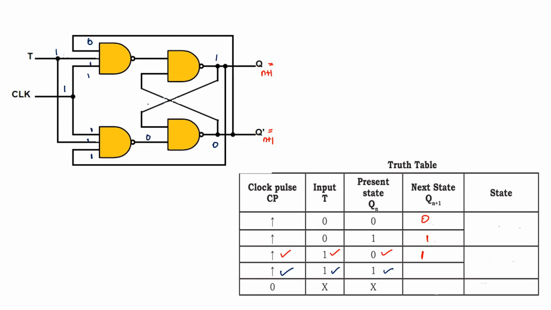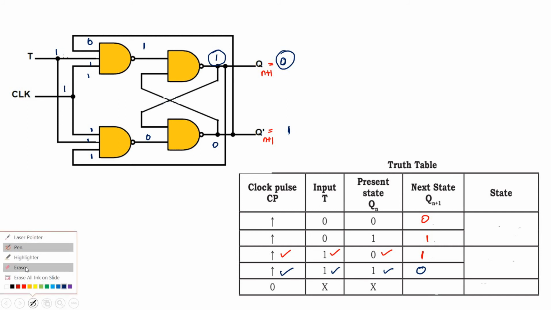Here 0, here 1, and 1 into 0, that value equal to 1. The same 1 is connected here, we'll get the value 0. So present state is 1, but we will get the next state as 0. Have to substitute the value here.